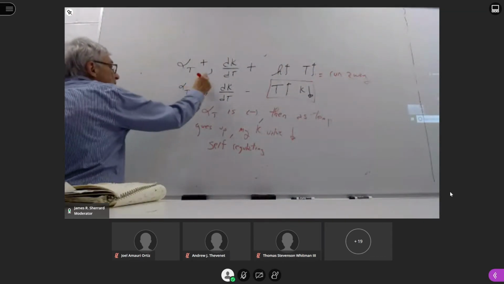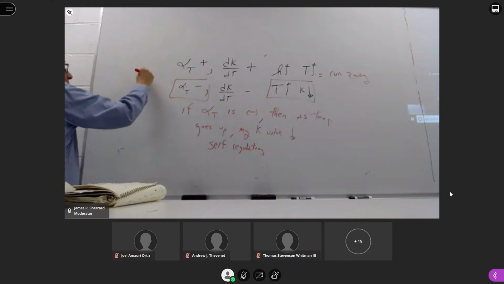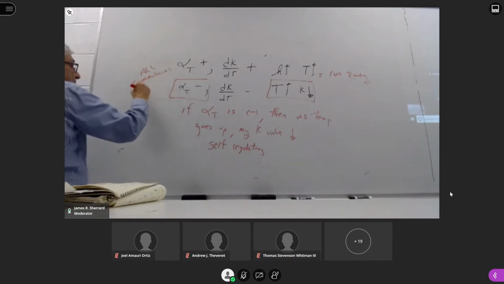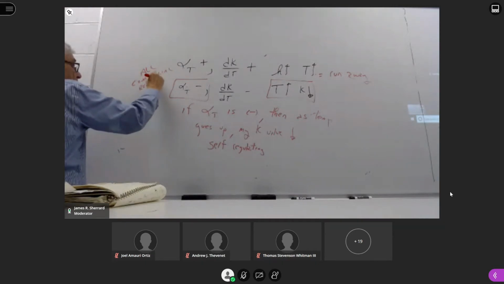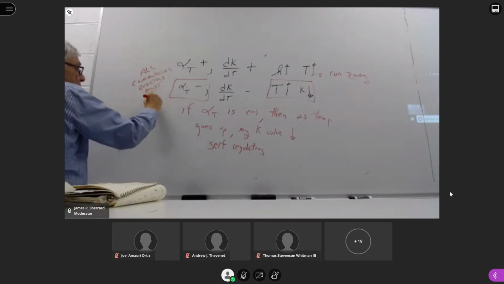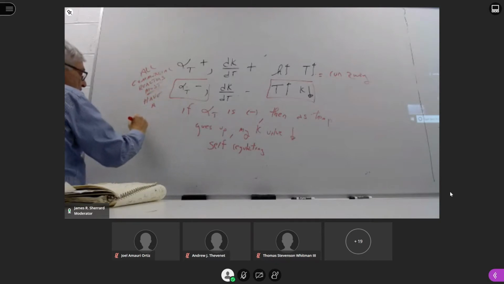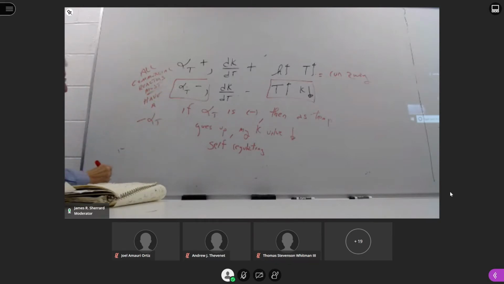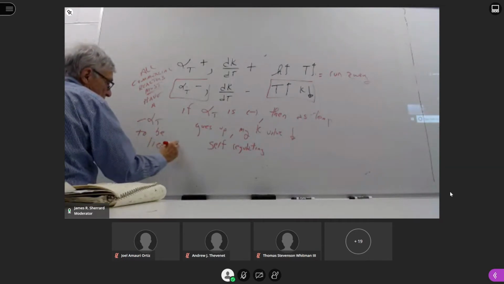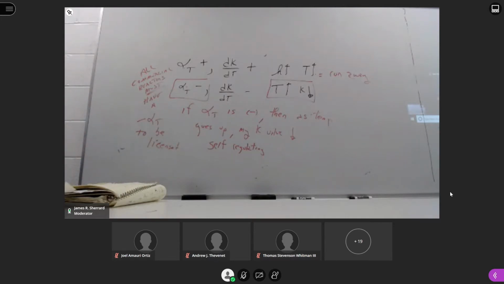So all commercial reactors must have a negative alpha T to be licensed. No exceptions.